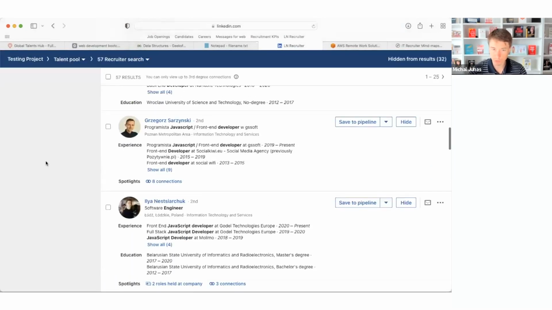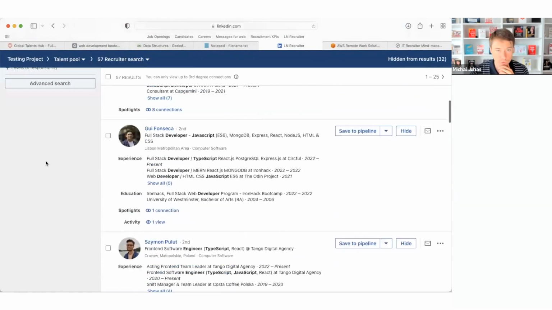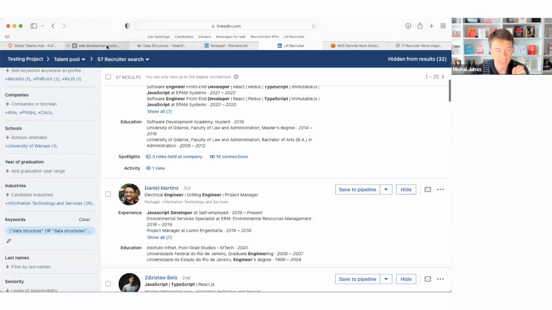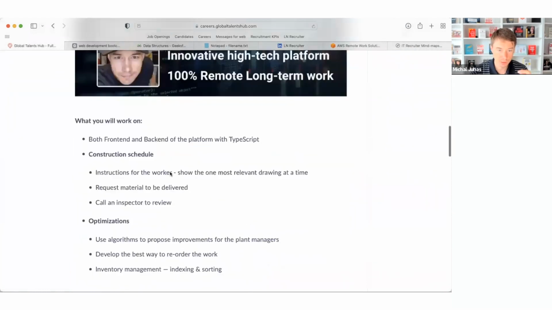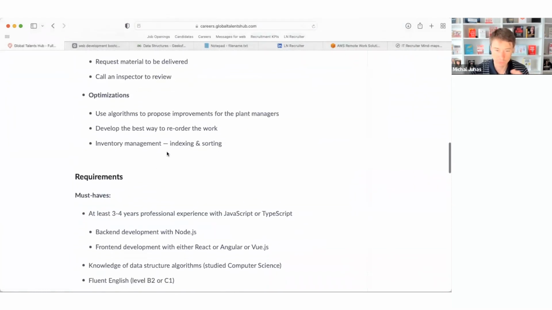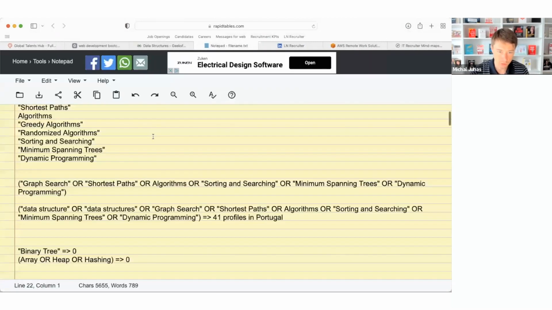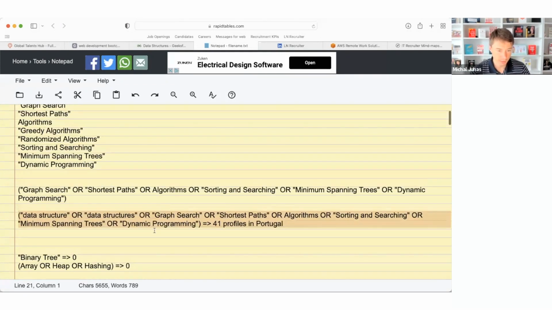First, it starts with proper targeting, with good research. As you saw, it's not just about the keyword data structure, but algorithms, data structure algorithms, and then some additional keywords like graph search, shortest path, sorting searching, dynamic programming, computer science studies. So we will be able to reveal a lot more profiles.